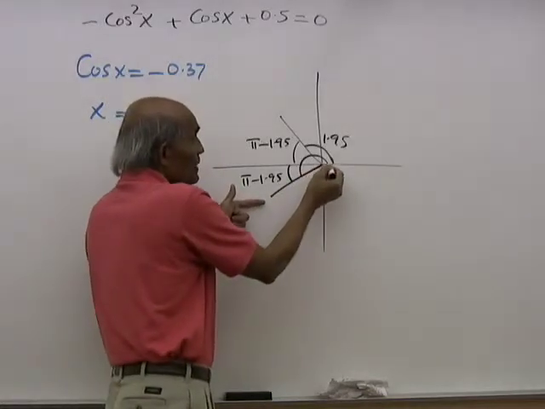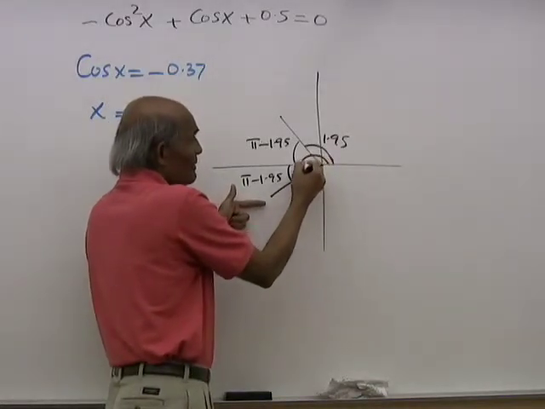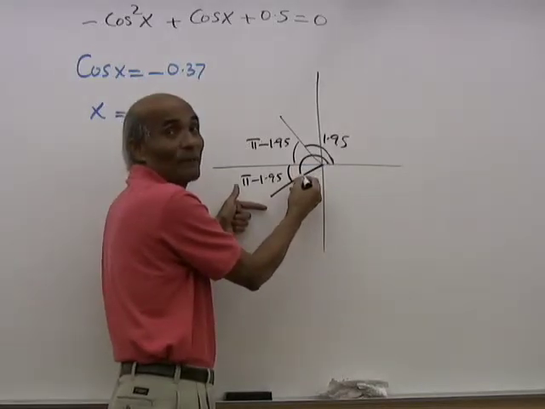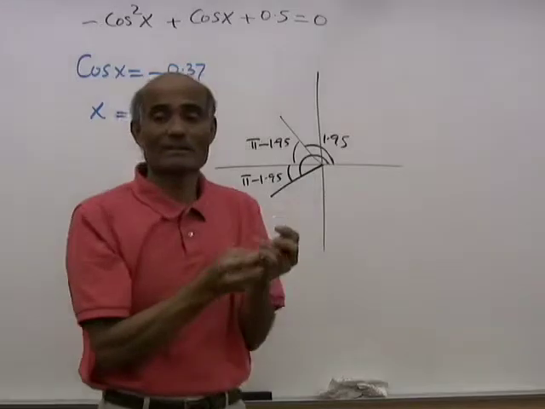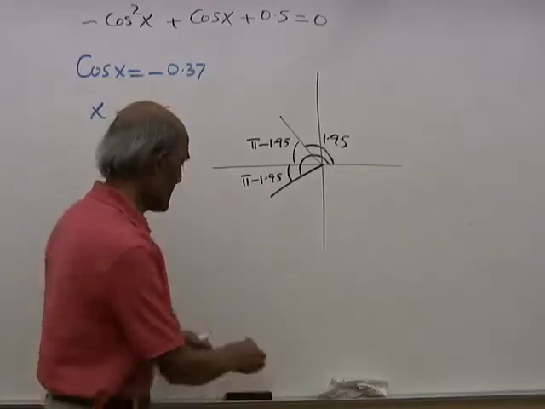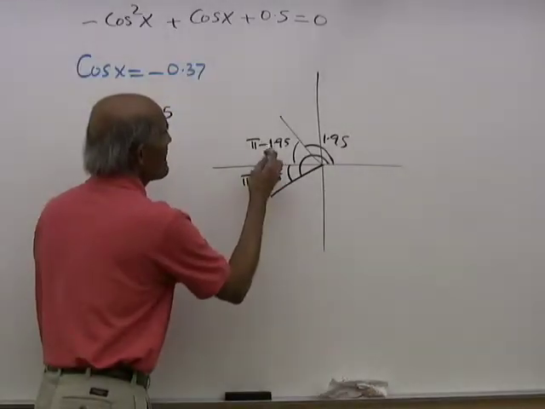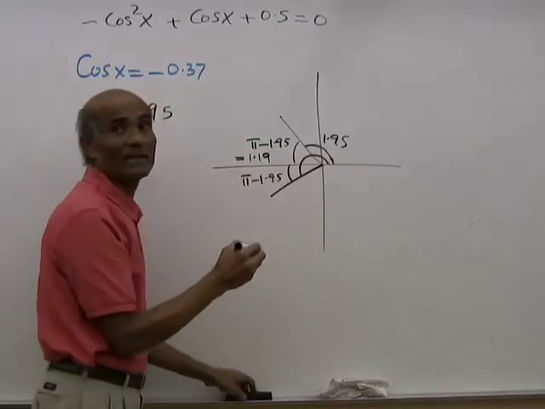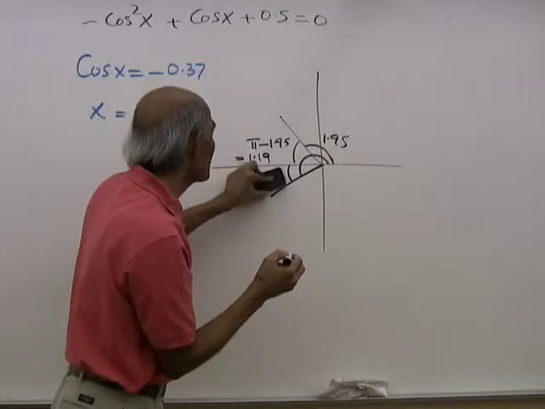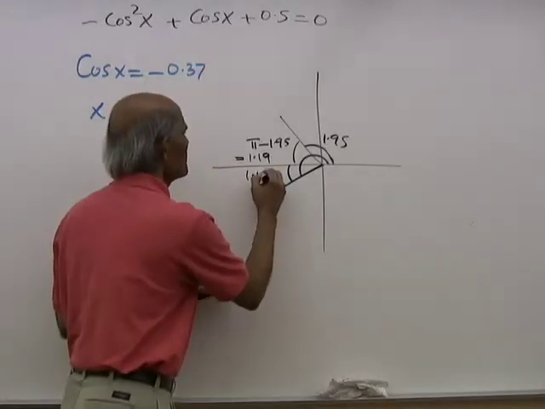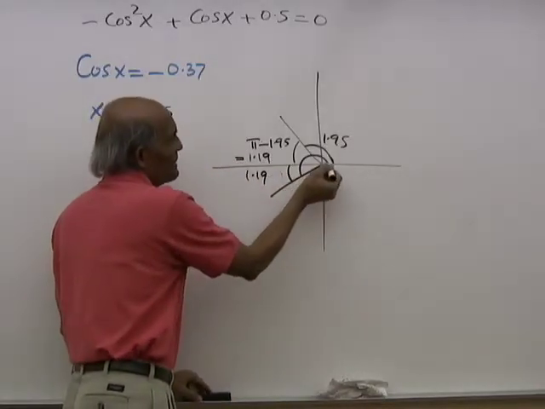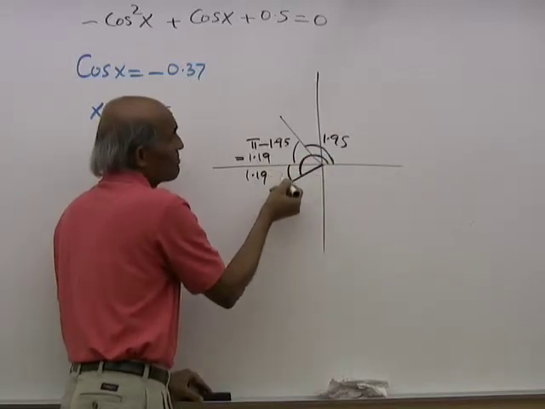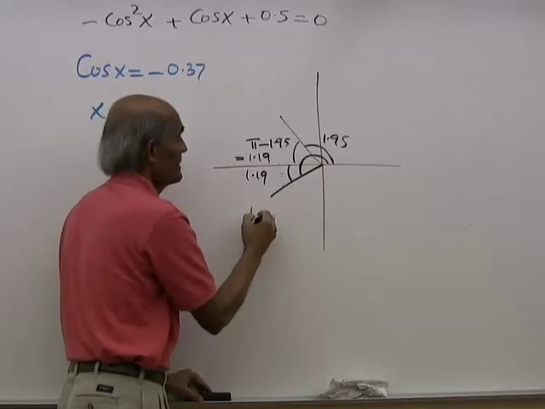So then what is this angle? This angle can be obtained, well, now this reference angle, pi minus 1.95, is 1.19. That means this angle is also 1.19, and therefore the angle in the third quadrant is pi plus 1.19.